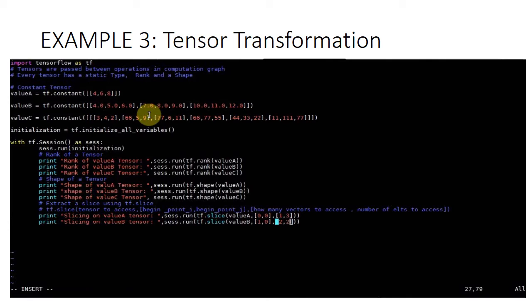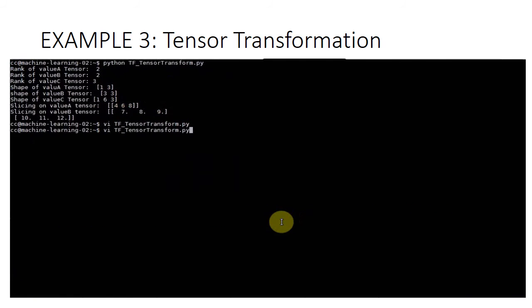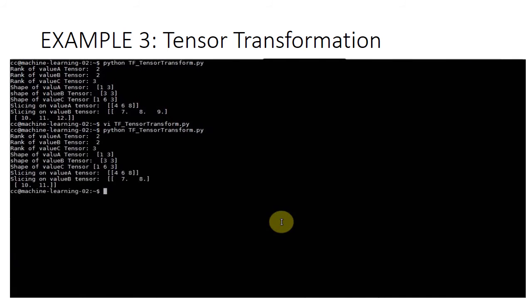So if I give 2 here, then that means it will just take the first two elements from these two sets. And why am I accessing these two sets? Because I've mentioned 2 here in the first element of my third argument. Okay, so it has given me two values.